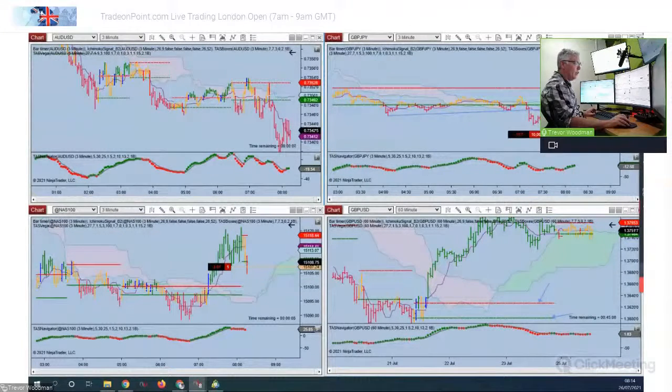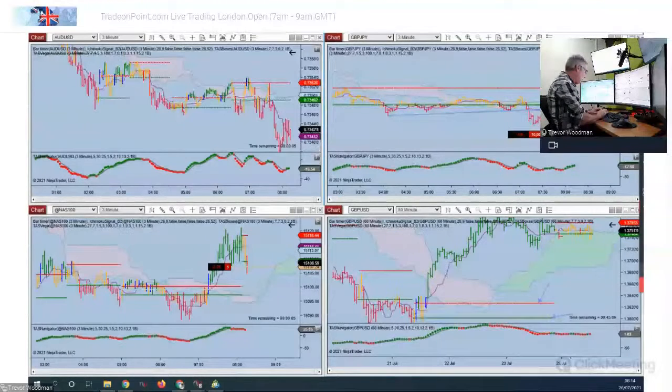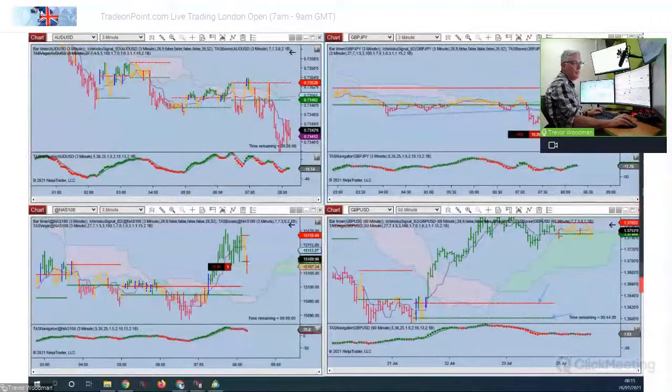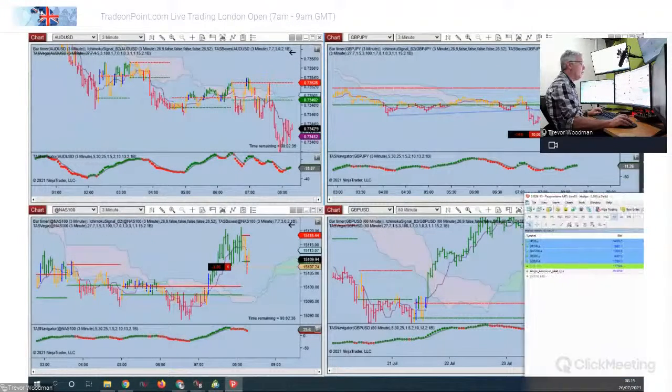Yeah, Tech 100. So if I open up, for example, Pepperstone. Which broker do you use? So this is, for example, Pepperstone.